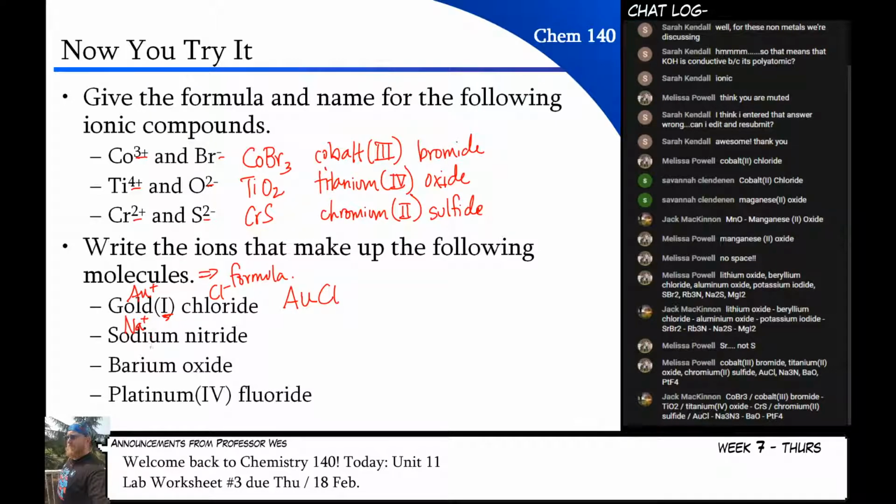Oh, I'm mixing in non-transition metals in this lesson here. Nitride is N3-. That looks really bad. Let me try that again. There we go. I'm going to need 3 of these sodiums over here.